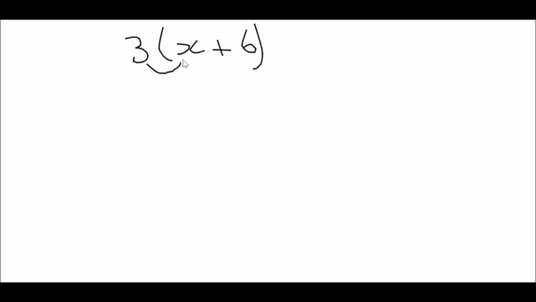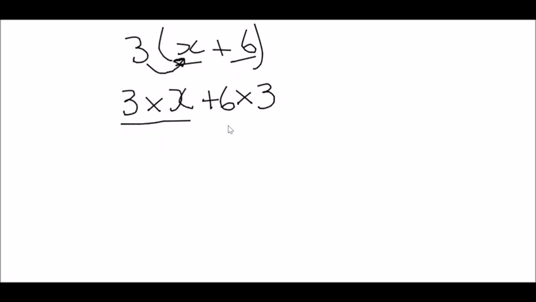Again we multiply whatever is at the start. So 3, put a multiplication, get rid of the brackets, put a multiplication instead, then continue writing whatever is in the brackets, and then you multiply by whatever is out the front at the back. So 3 times x, plus 6 times 3. So both the x is being multiplied by 3, and the +6 is being multiplied by 3. So that is the distributive law.